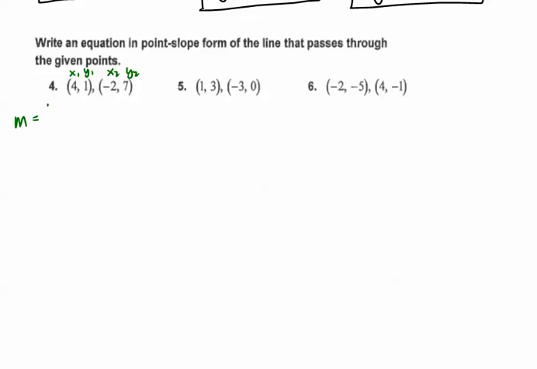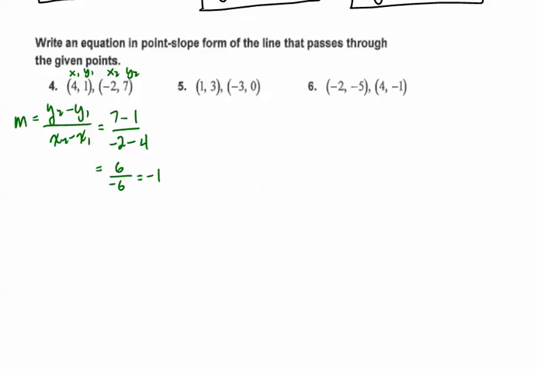M is equal to y2 minus y1 over x2 minus x1. y2, 7, minus y1, 1, over x2, -2, minus x1, 4, and that gives me 6 over -6, which is a slope of -1.